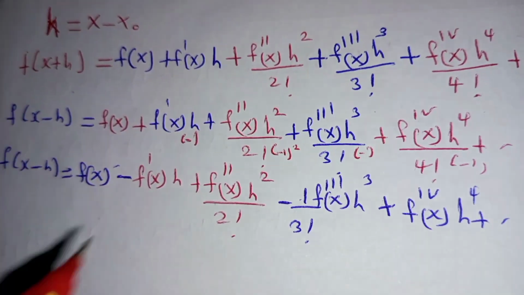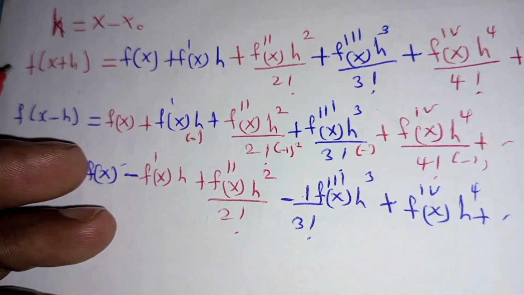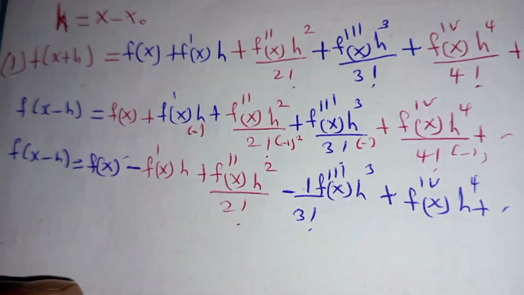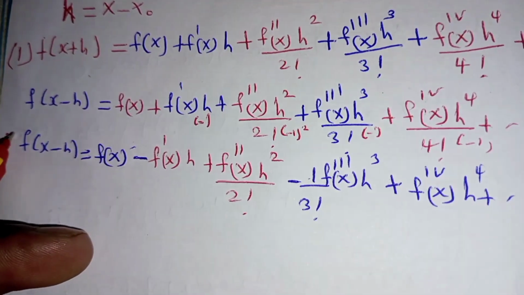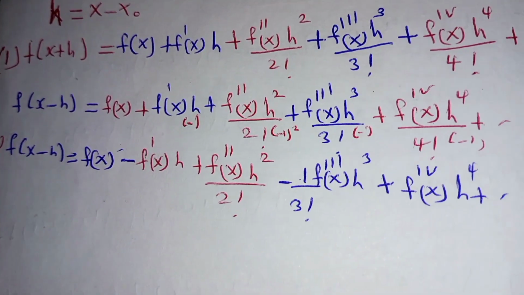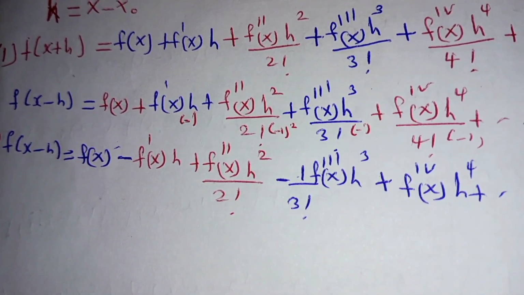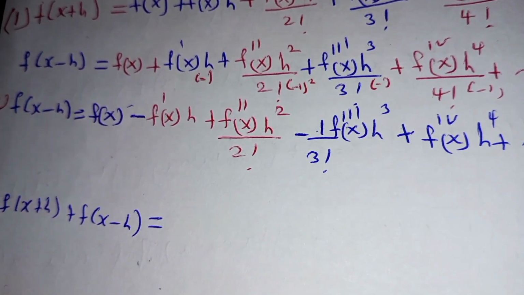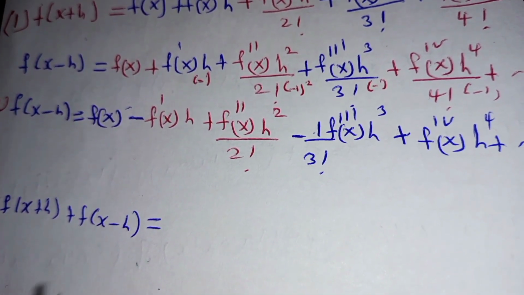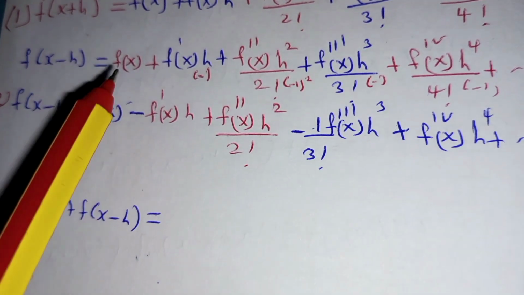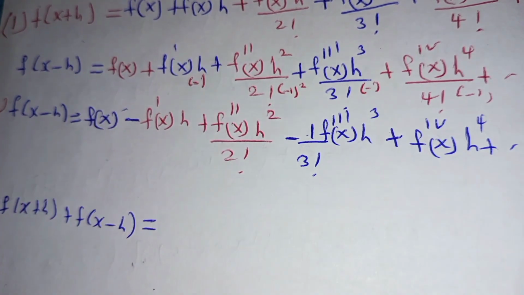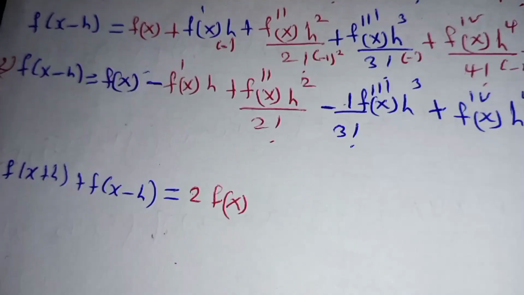So what we want to do is add these equations. We call them equation 1 and equation 2. On the left hand side, when we add these two equations, we shall obtain the following. On the right hand side, we shall have f of x plus f of x, which will be 2f of x.